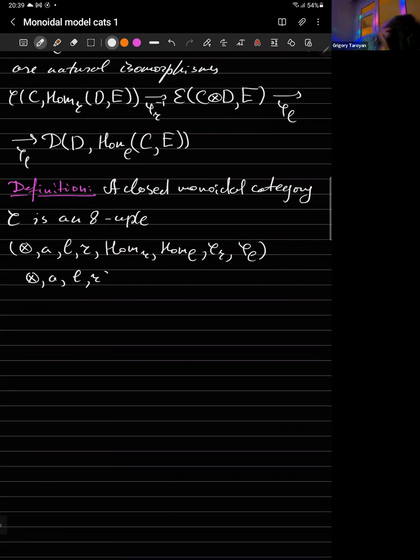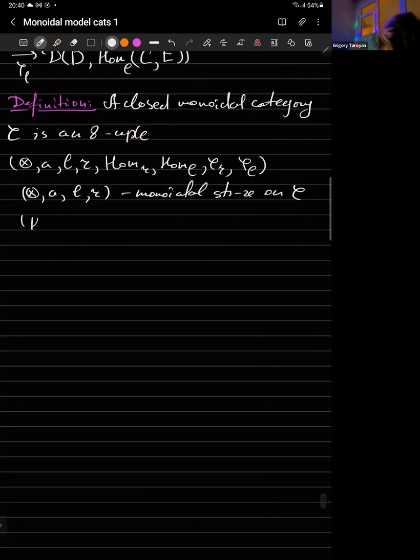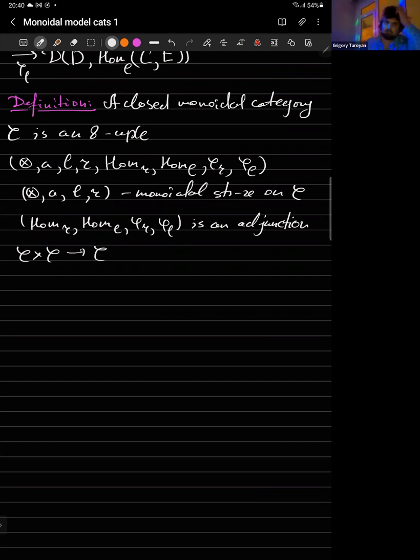So this quadruple is just a monoidal structure on C, and this quadruple is an adjunction from C times C to C. So basically, what that means and what the word closed means is that we have Hom objects inside of the category C, although we have to distinguish between right and left Hom objects.